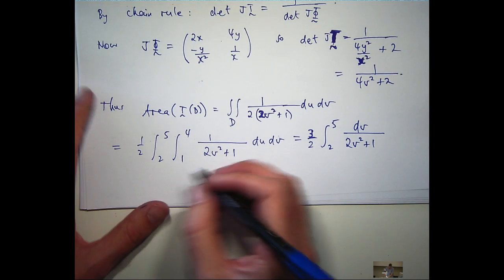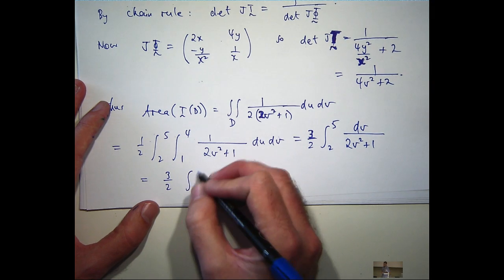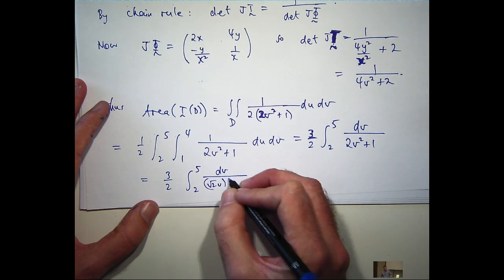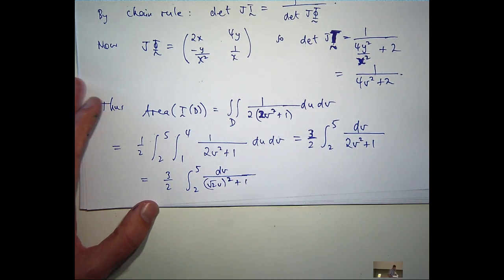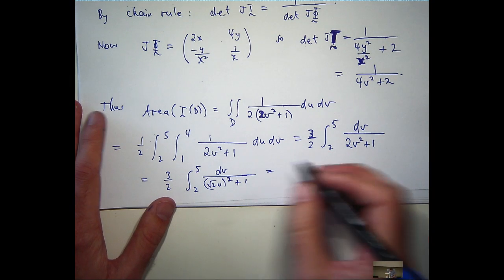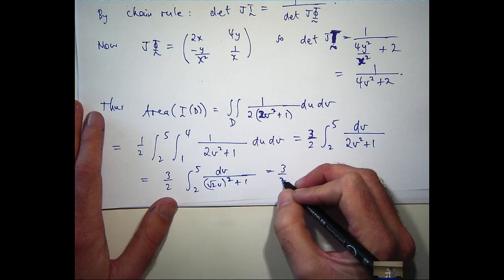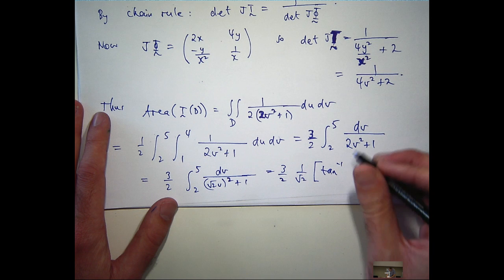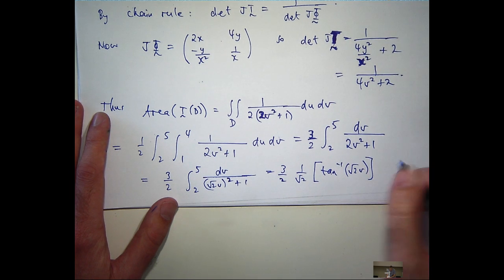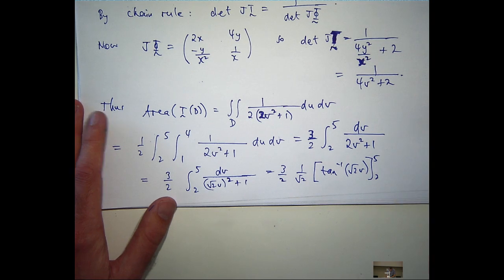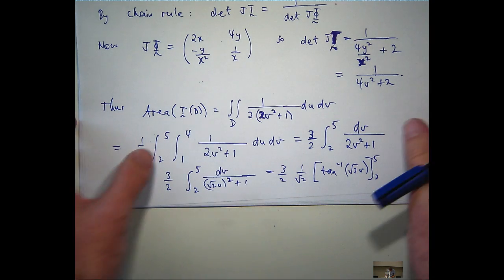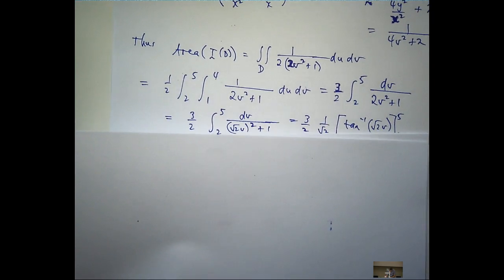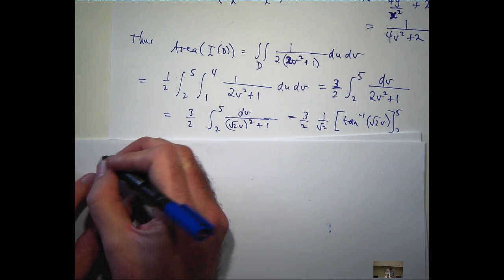So if I write it like this, let's change that to the following. Then I can write it the following way, using tan inverse. So all I need to do now is sub in my upper and lower limits of integration. And I should get the following.